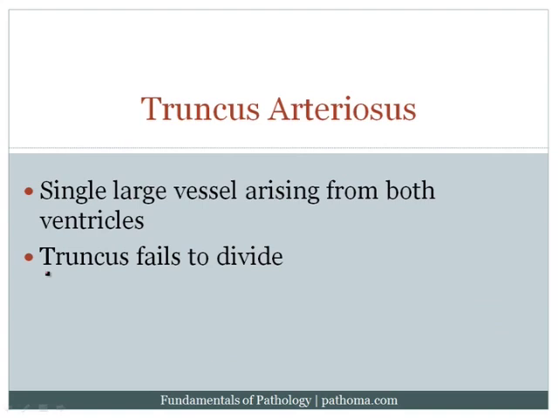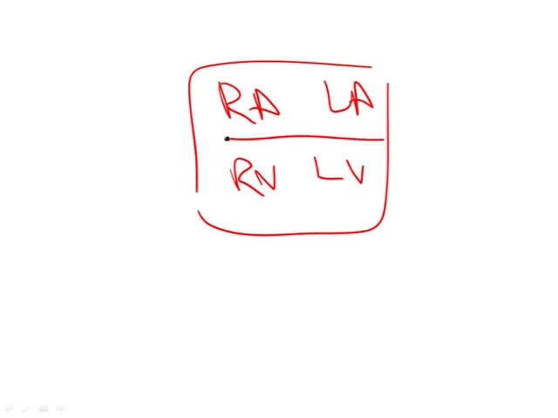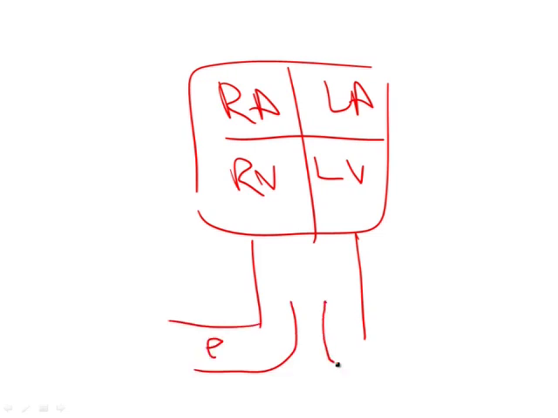Truncus arteriosus is when you have one large trunk arising from both ventricles, and that's because the truncus fails to divide. So here's the idea. We've got our standard right atrium, right ventricle, left atrium, left ventricle, and the idea here is that you've got this large trunk coming off both ventricles. Now, of course, this will eventually divide into the pulmonary circuit, and this will eventually divide into the aorta.